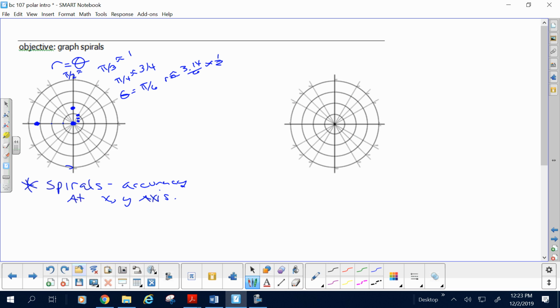At 3 pi over 2, that's 4.5-ish, yeah? Down? 1, 2, 3, 4. At that point, I'm off the graph. You should go until you're off the graph. Off the space provided.